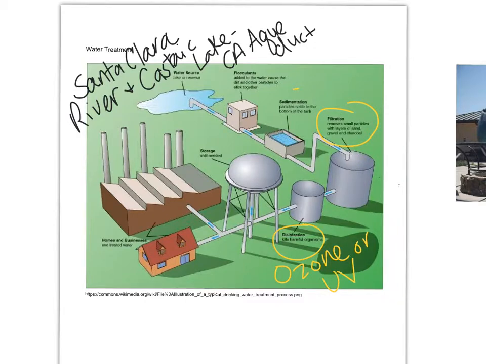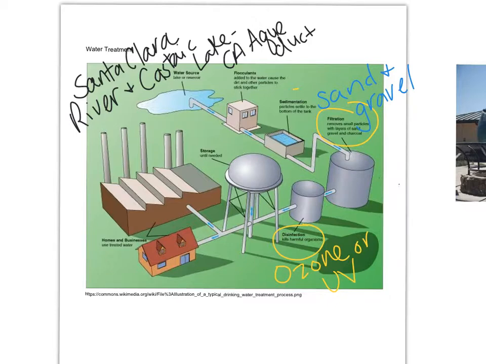There are little particles of other items in the water, and the dead bacteria and the particles get filtered out with sand and gravel. So up here we have sand and gravel, and that was very similar to eco columns. One of the reasons we did a filtration chamber in our eco columns was to demonstrate that it does clean water.